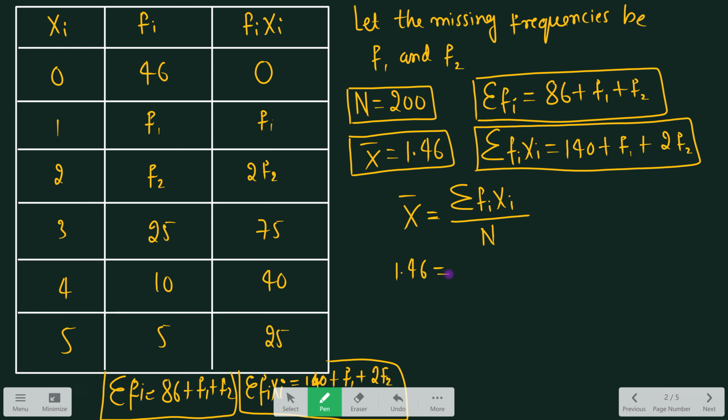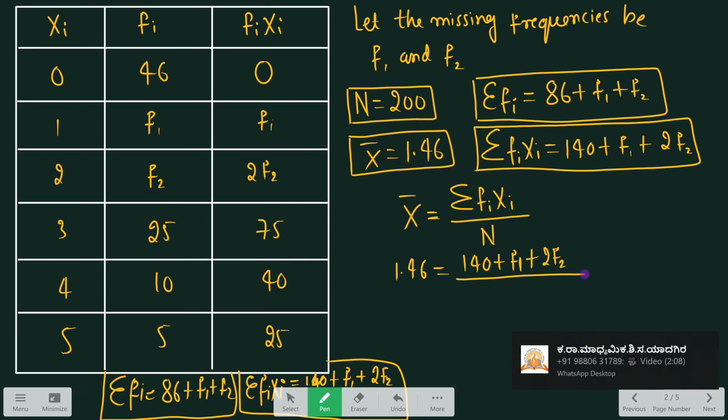Sigma Fi Xi is going to be 140 plus F1 plus 2 F2, divided by n. N is how much, students? It is going to be 200. Isn't it? They have given in the question only.